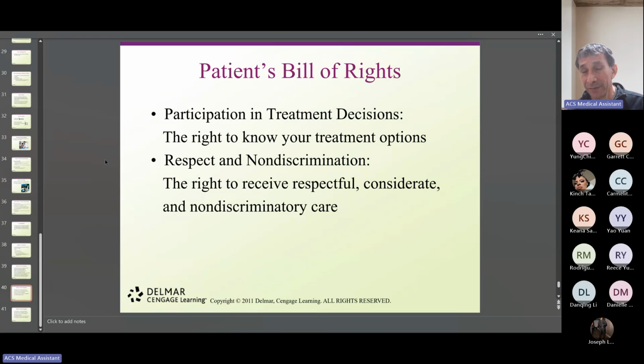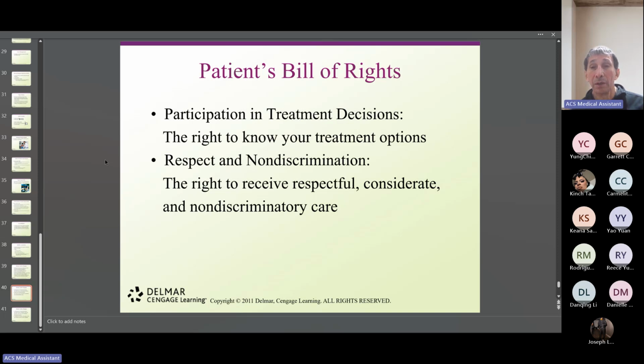What is it, and why am I ordering it? What am I planning to find out? Why am I giving you this test? So that is participation in the treatment decision.